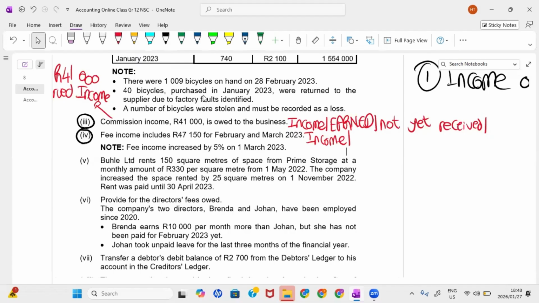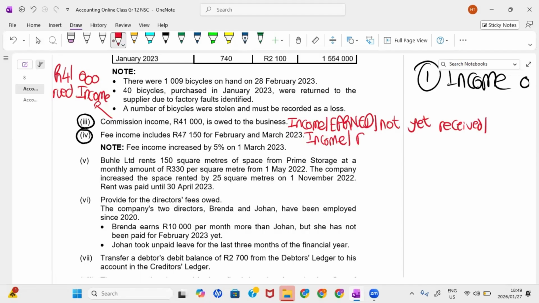Income is something you receive, right? Whatever we pay relates to expenses. So expenses we pay, but income we receive. So what's happening here? We have received income for March 2023.